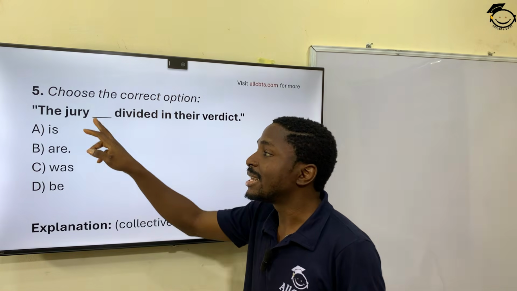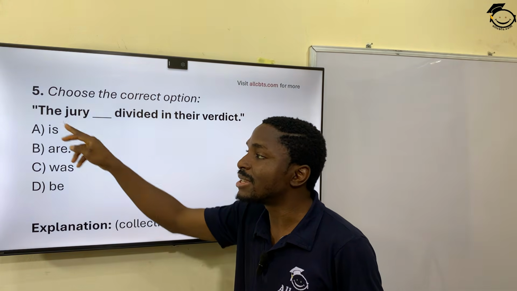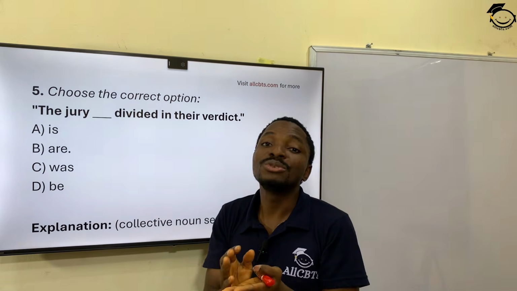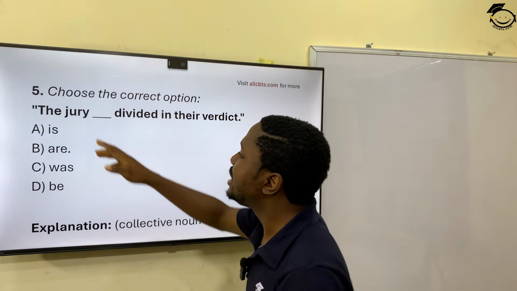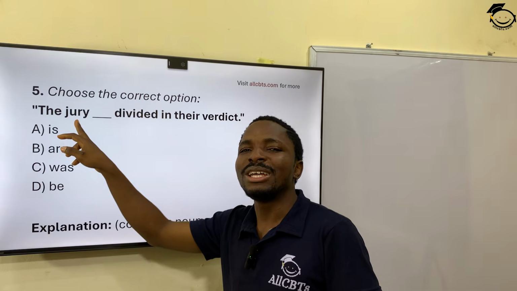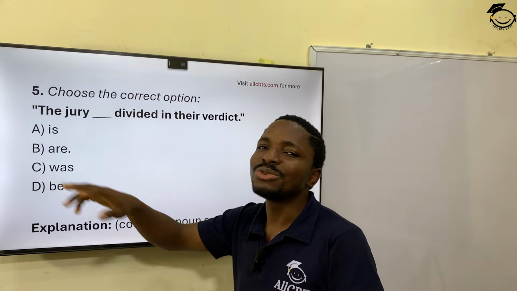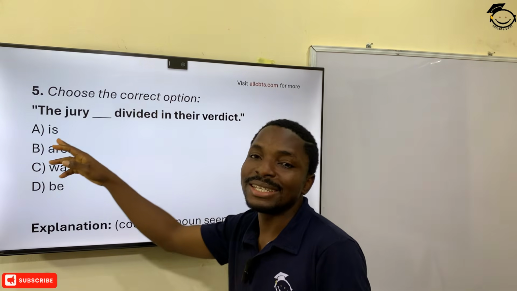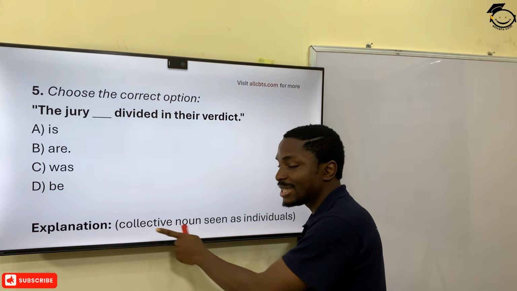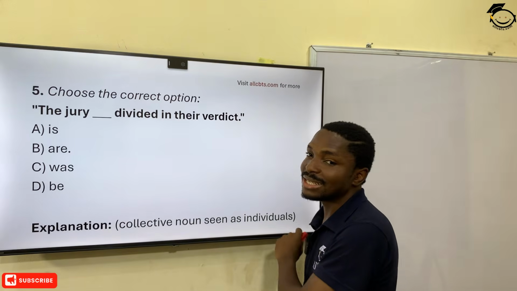While the jury is a collective noun used for a number of people, they are often seen as individuals. Some persons will say, because this is a word used to describe a group, it should be is, because it's one group. No, the trick with this one is, as I explained, a collective noun seen as individual.